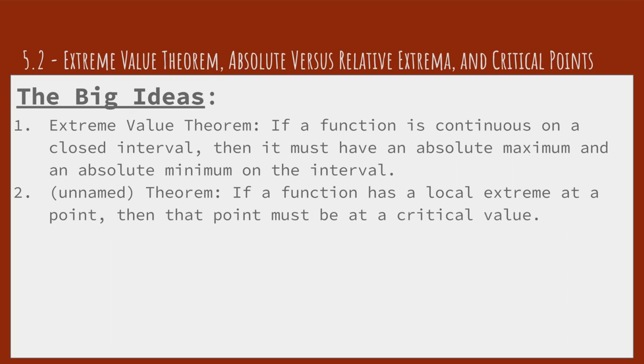If a function is continuous, then it has to have an absolute maximum and minimum. If we have local extrema, then it has to be critical values. So we do need to make a connection between local extrema and absolute extrema. And with that connection in the next unit, we're going to be able to put these two together into a process for finding the values given by this extreme value theorem.